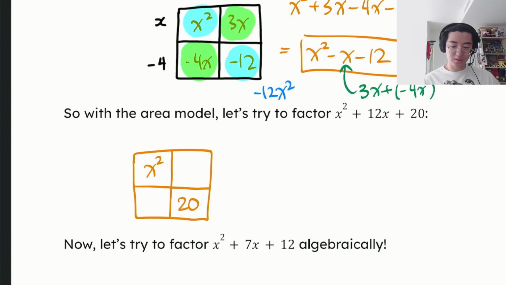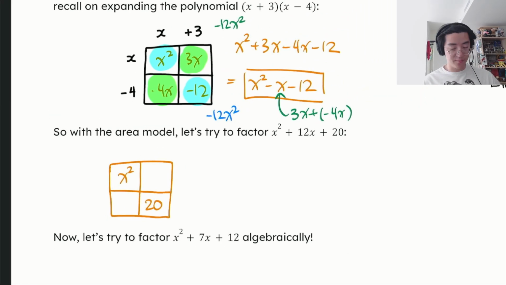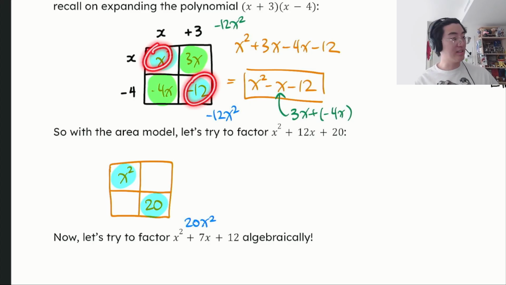But what we also know from our area model before is that those two terms multiply to 20x squared. Let me do it in blue here actually, so it's consistent. Whatever those two terms are, they also have to multiply to 20x squared. Again, this is from the example we saw earlier: the two terms diagonally multiplied together have to be equal to the two terms multiplied diagonally here.